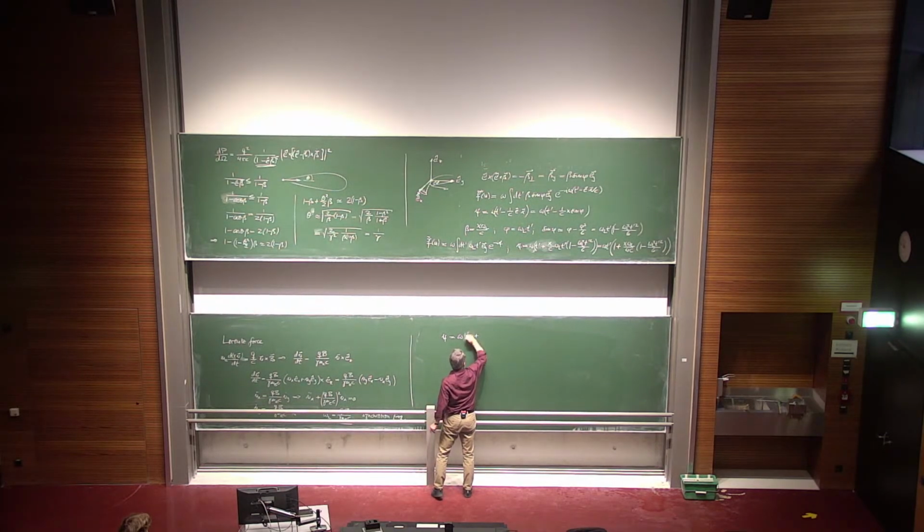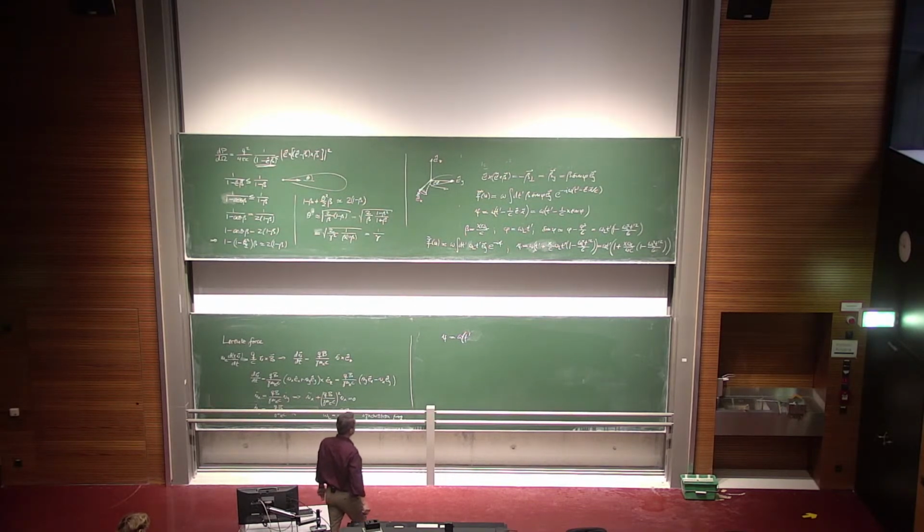Sorry, I'm confusing myself. Let me return to omega. I was confused about the last term on the upper blackboard, below the Fourier line, where there's an omega. Okay, good. Let's return to that. I think we agree on this point.